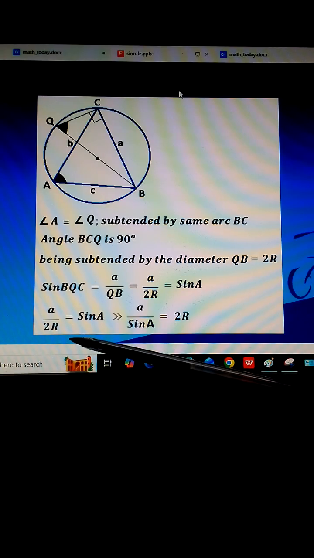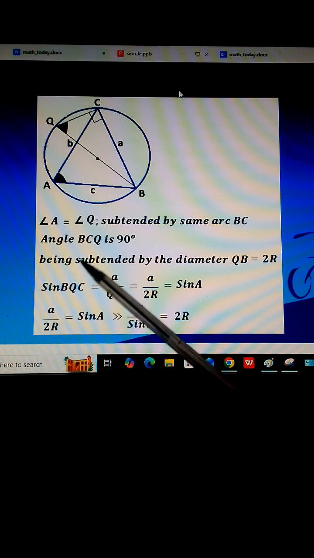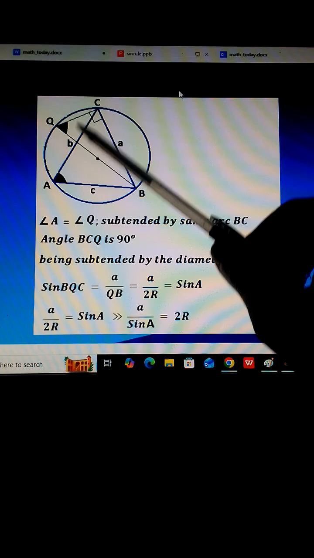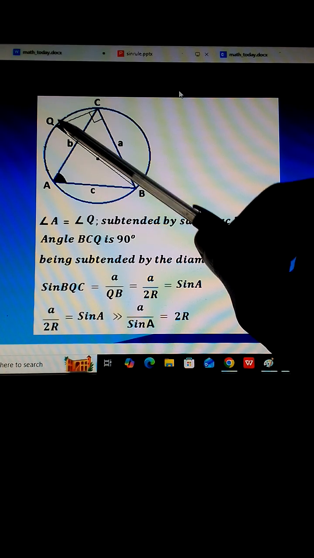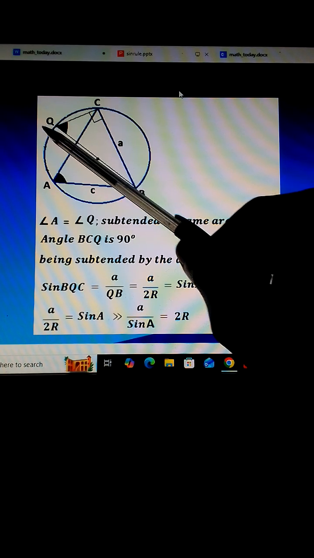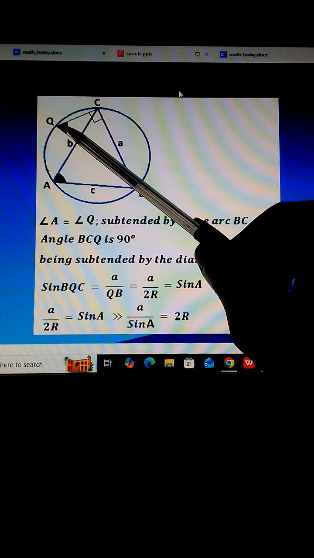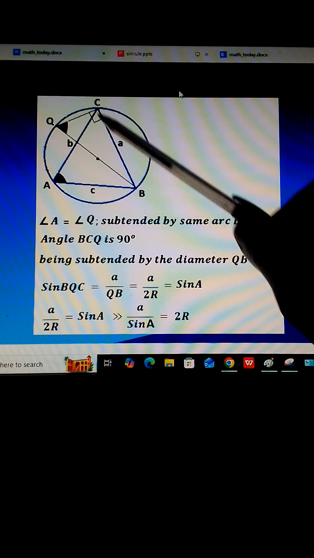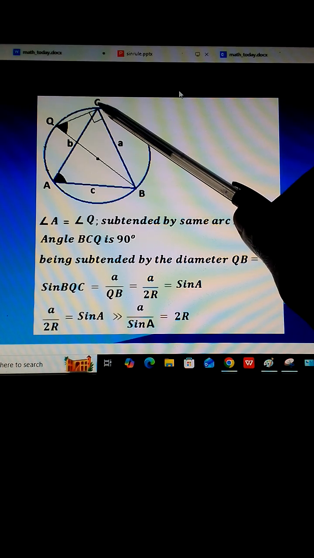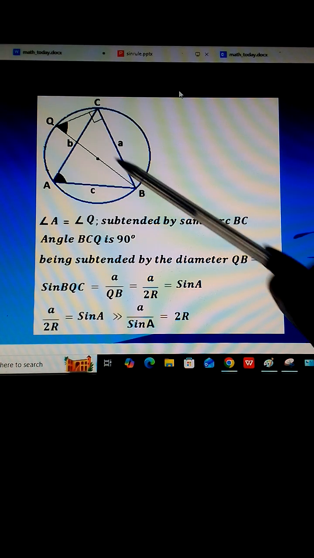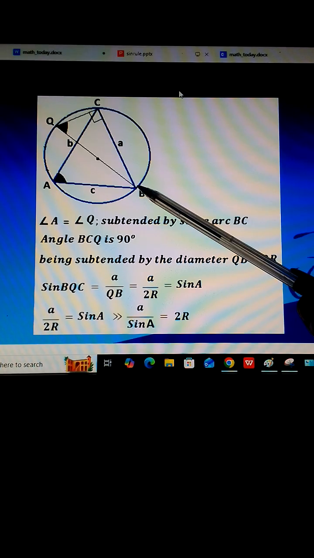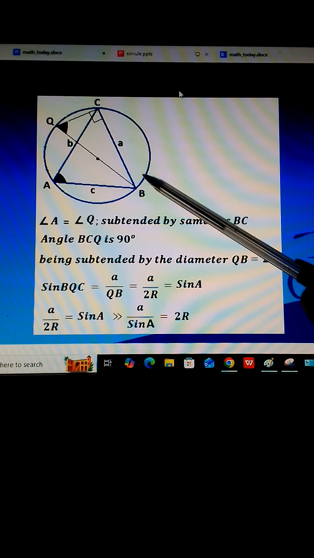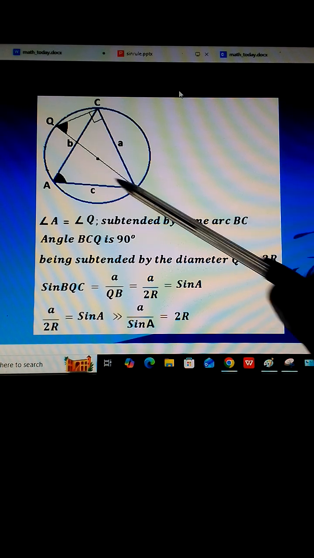Okay. Now let's find an expression for the sine of this angle Q. Sine of angle BQC, this being a right angle triangle, is equal to the opposite side over the hypotenuse. That is a over QB.